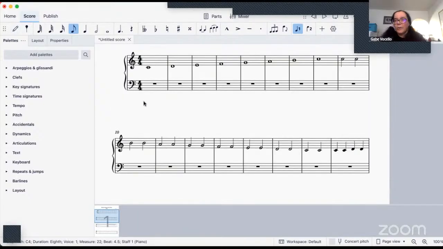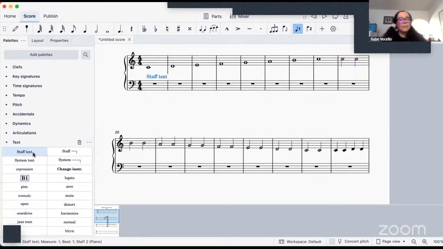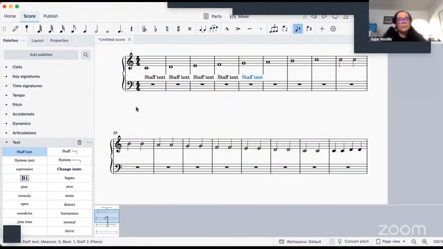Now rests, the pause. This is the whole rest. Let me add the name here. Whole rest, whole rest, whole note.